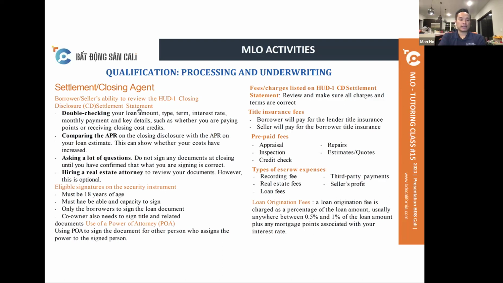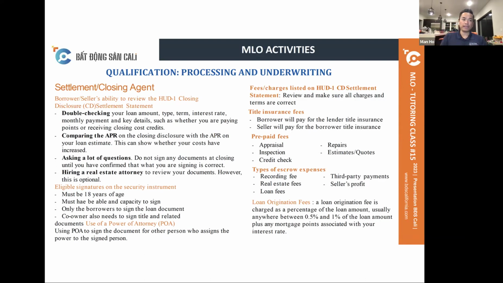Okay, settlement and closing agent. Let me see if this is the last one. Yes, it is. Borrower and seller have the ability to review the HUD, the closing disclosure statement. Make sure you're double checking, that there's no issue or mistake on the CD. Compare the APR. All the fees, including the rate, need to equal the APR.